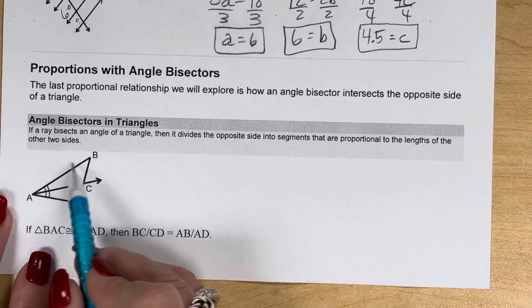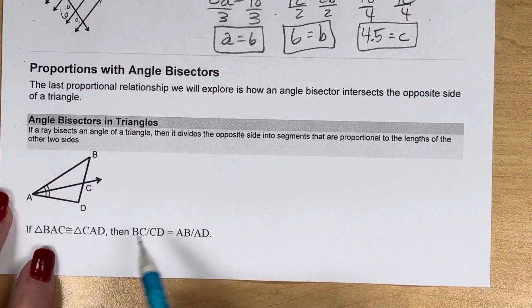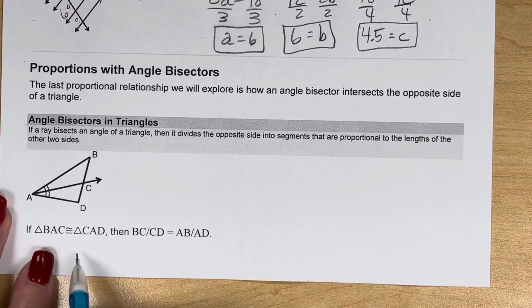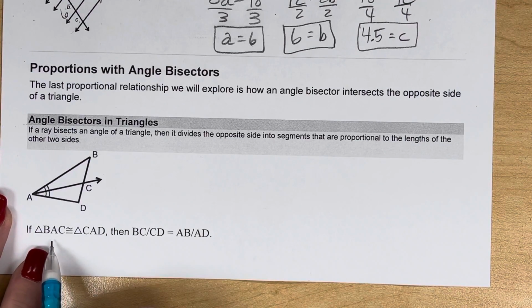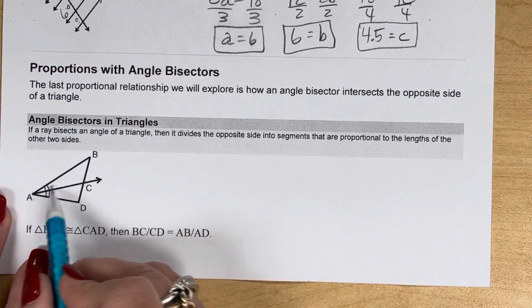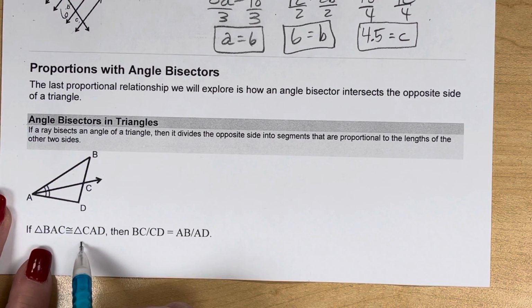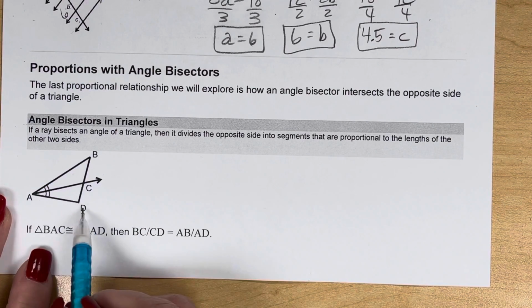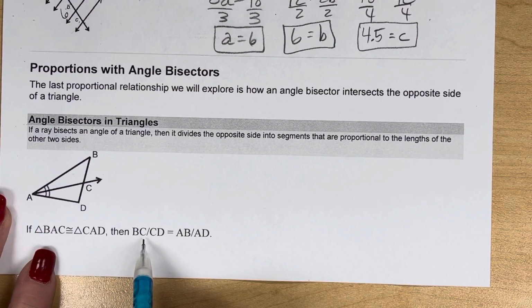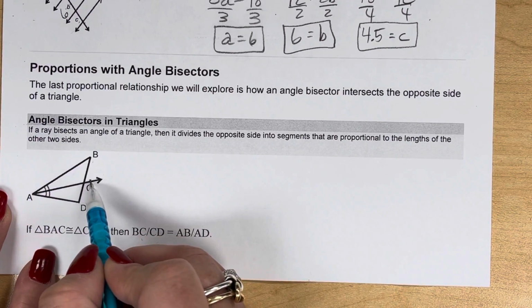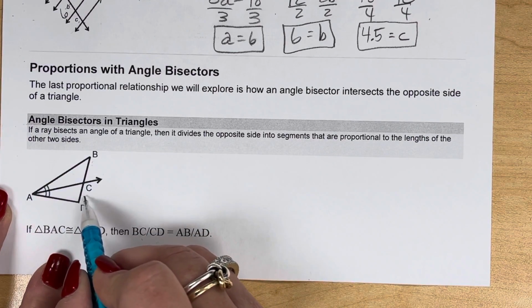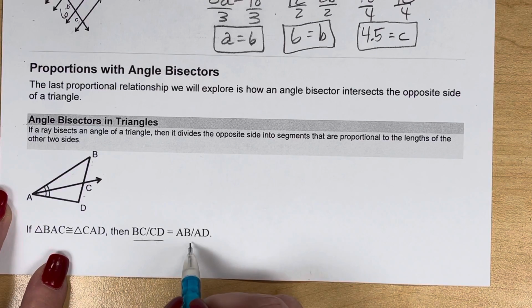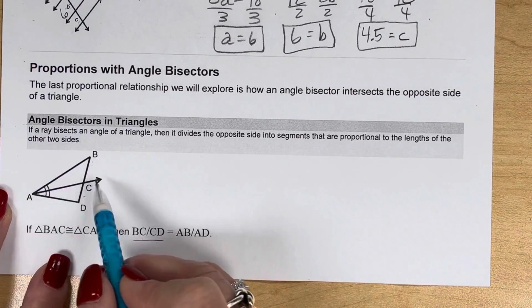So now this has been divided. And what they're saying as far as proportionality is concerned, and it tells you right here, so I'll read this to you and then I'm going to explain to you what that means on the diagram. If triangle BAC, that's this one, is congruent to triangle CAD, that's this one, then BC over CD, this one over this one, is equal to AB over AD.